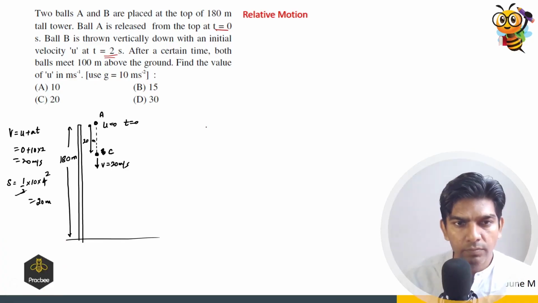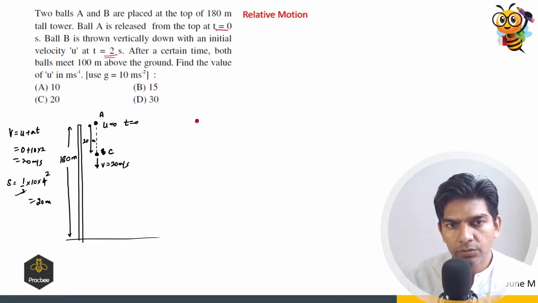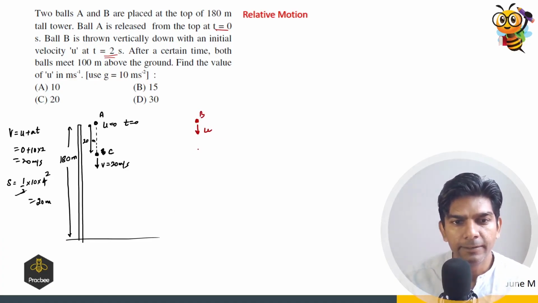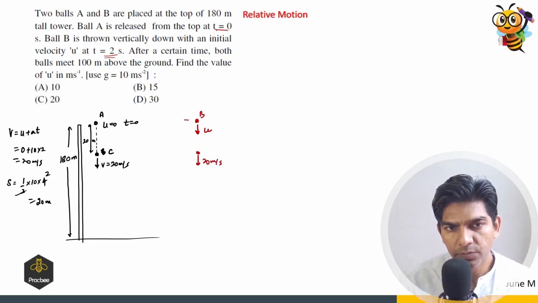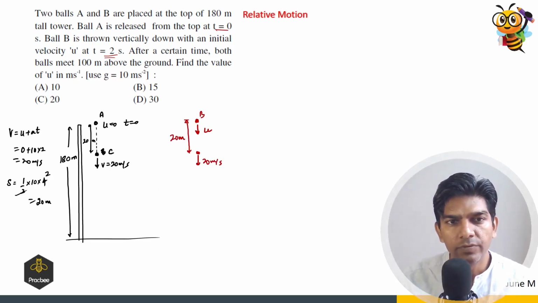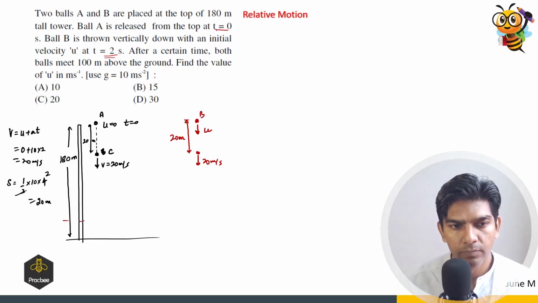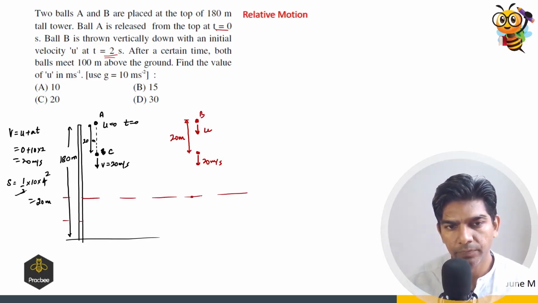Now we are throwing ball B with certain velocity u in the downward direction at t equals to 2 seconds, and A has a velocity in the downward direction of 20 meters per second, and the distance between them is 20 meters. After a certain time both balls meet 100 meters above the ground. Suppose they are meeting at this particular point, 100 meters above ground.